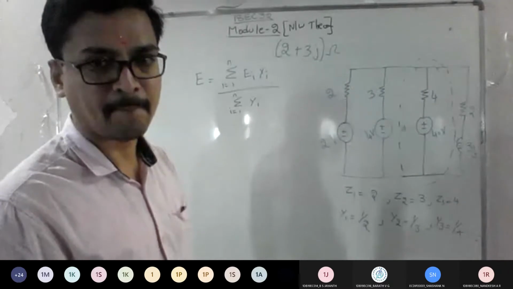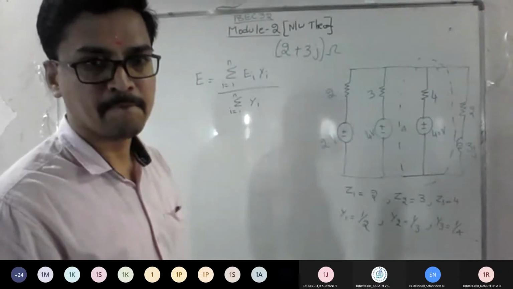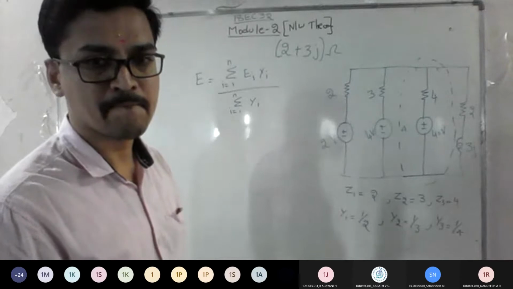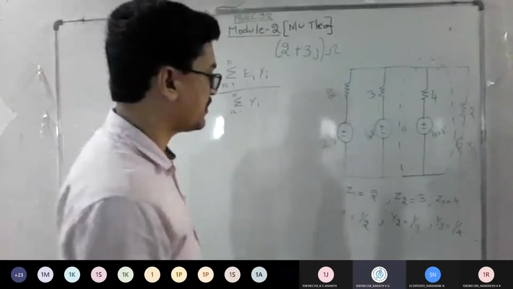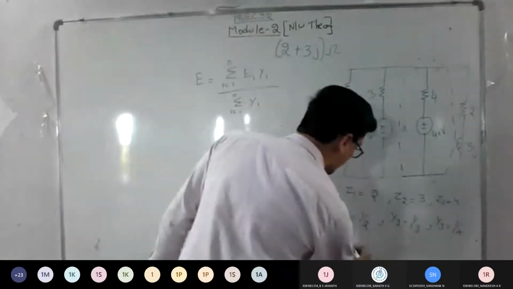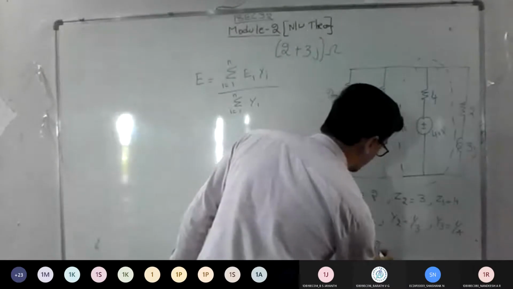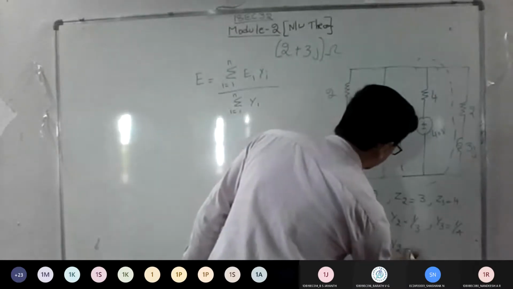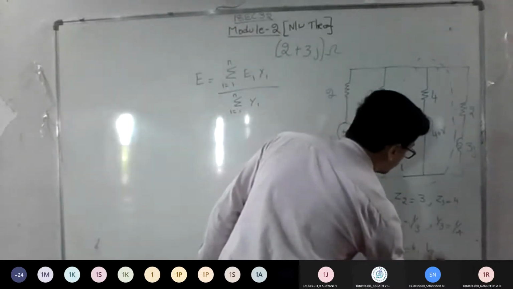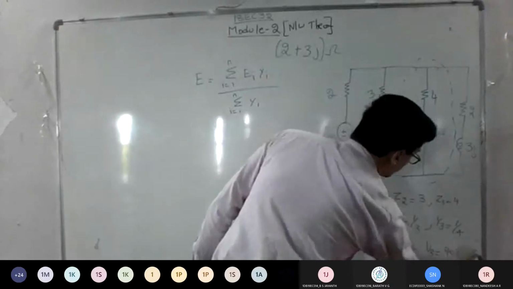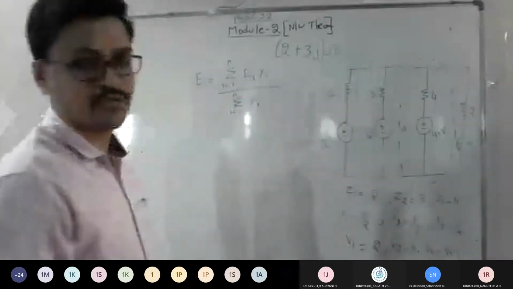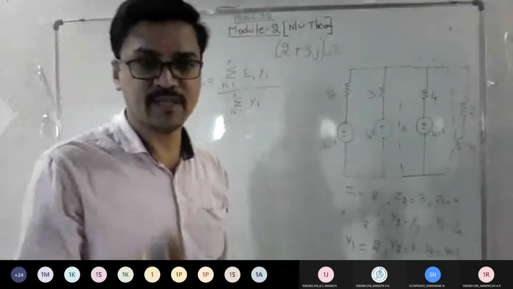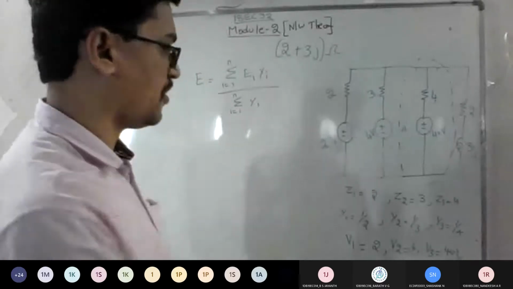Is it fine? Similarly, you can write the voltages also. V1, nothing but E1, is 2 volt, V2 is 4 volt, and last V3, just now calculated, is 40 volt. If you write the things like this, it will be easy for you to put the values in the formula.